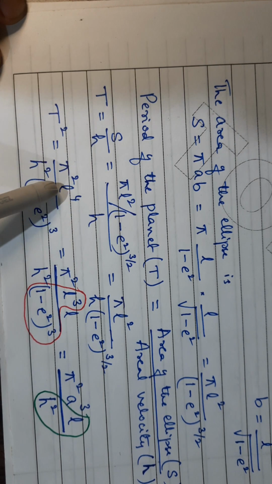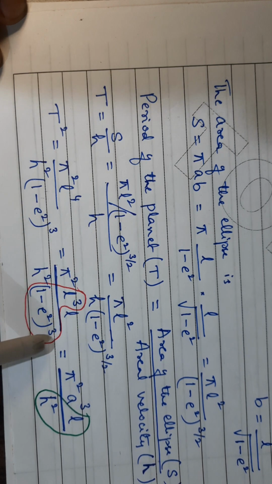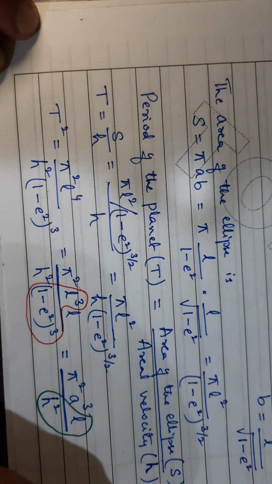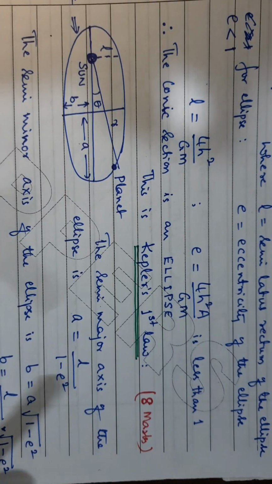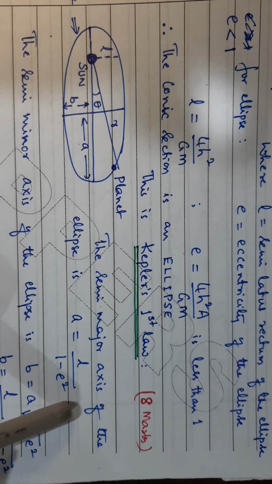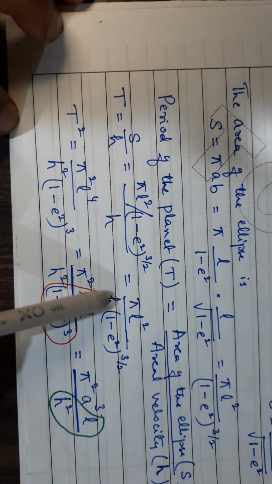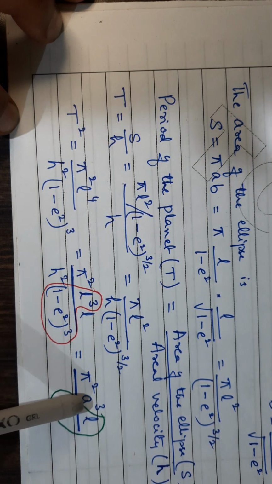I will write this L to the power 4 as L cube into L. This L divided by 1 minus E square, I will show that L divided by 1 minus E square. Here L divided by 1 minus E square is A. Therefore, you are going to get this as A cube. Whatever is rounded off with red now is taken as A cube.